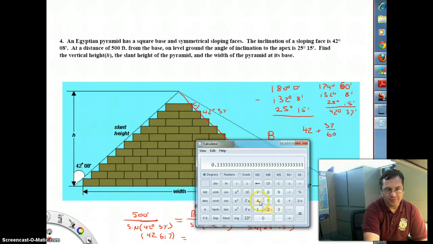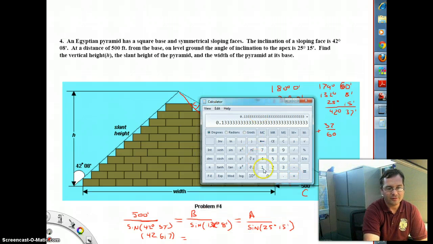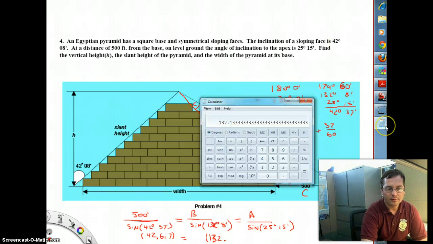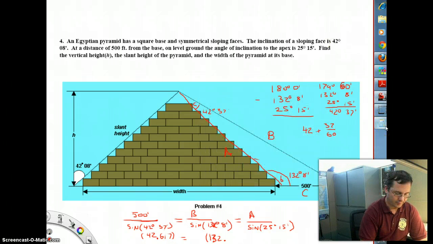So 8 is about 13% of 60, plus the whole number of degrees, which in this case is 132. So 132 degrees 8 minutes is equivalent to 132.133.